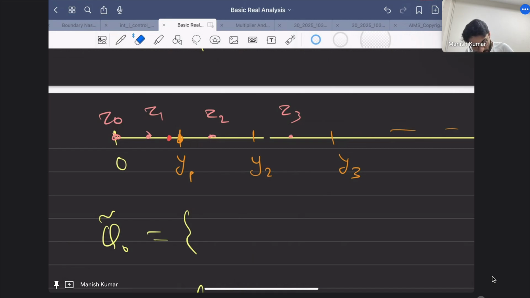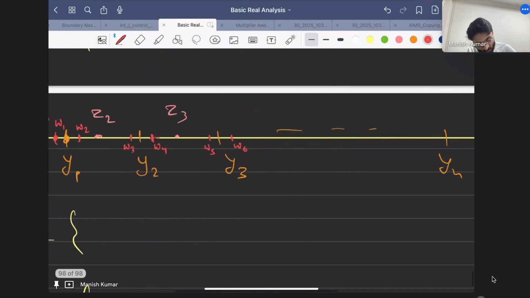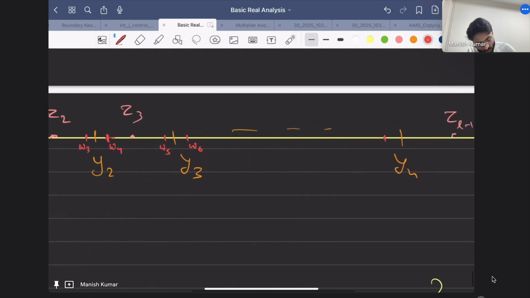Let's say this is W1, this is W2, this is W3, this is W4, and similarly W5, W6, and this would be some Wm minus 1, Wm, and this length I'm naming as delta m.